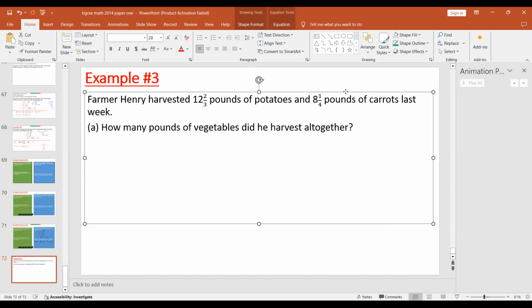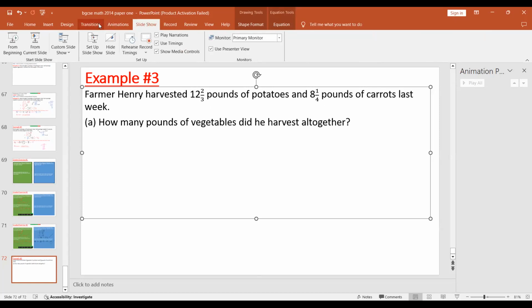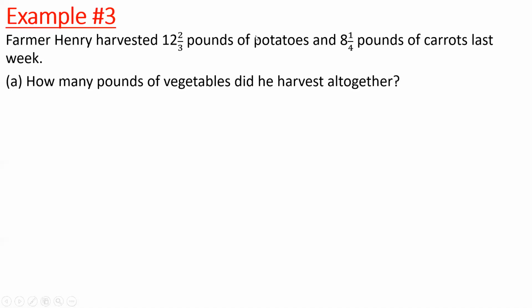So in order to figure out how many pounds he harvested altogether, what do we have to do? What operation do we have to use? Gianna, what do we have to do?